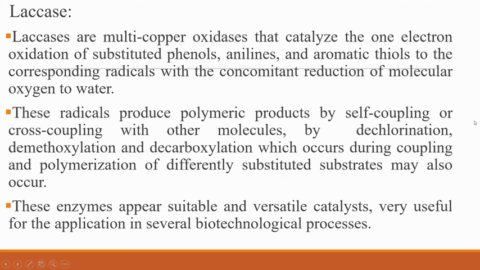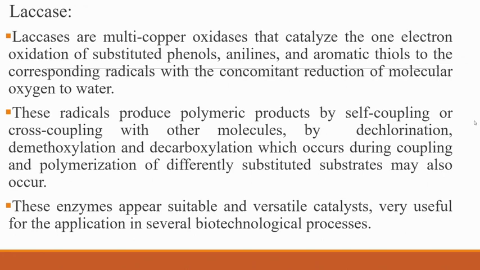Okay, now laccase, it is a multi-copper oxidase that catalyzes one-electron oxidation of substituted phenols, anilines, and aromatic thiols to the corresponding radicals with a concomitant reduction of molecular oxygen to water.